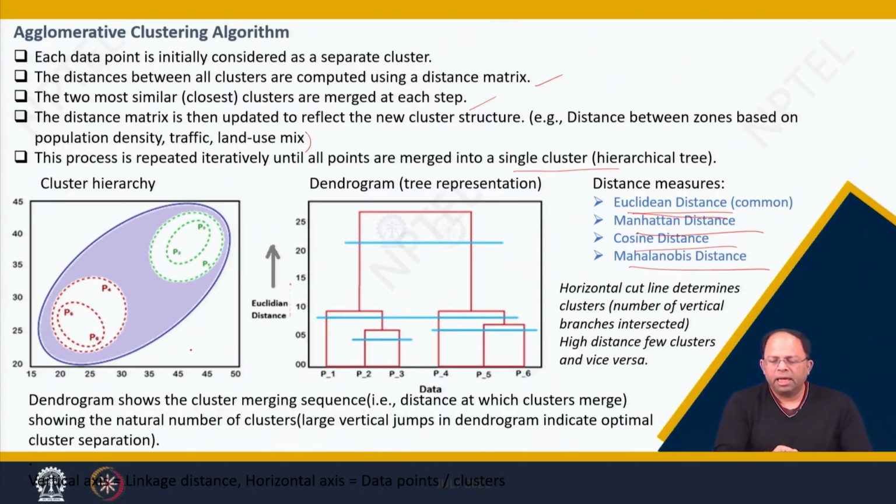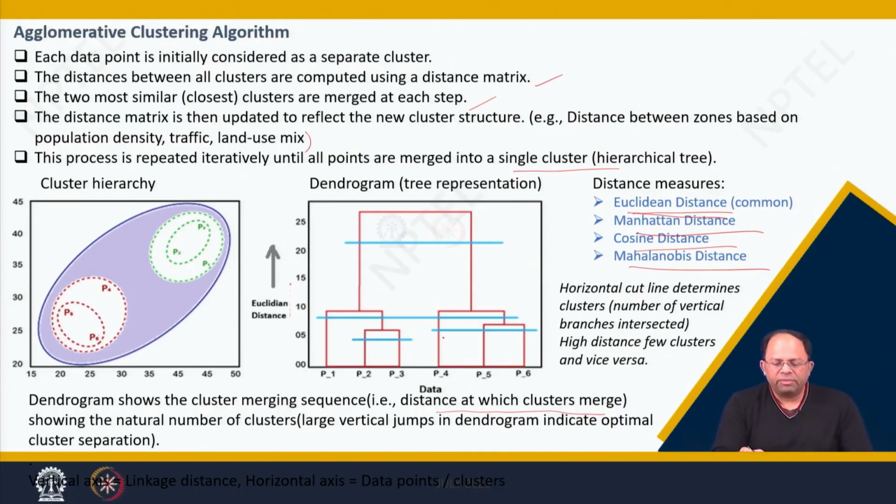So this entire way that we are merging could also be represented in the form of a dendrogram, or this tree structure, right? The dendrogram shows the cluster merging sequence, that is at what distance these clusters merge. That means at certain distances we are seeing two clusters merging together, so that is being plotted in this chart.